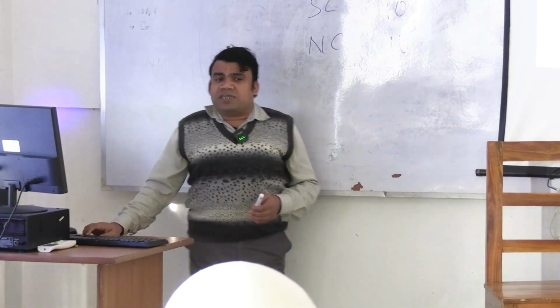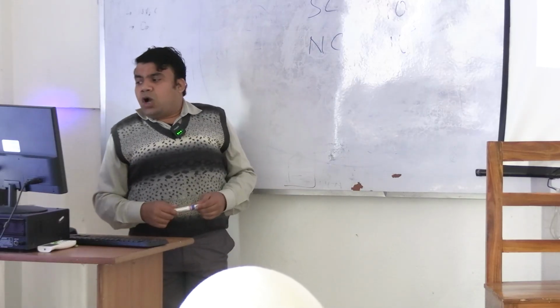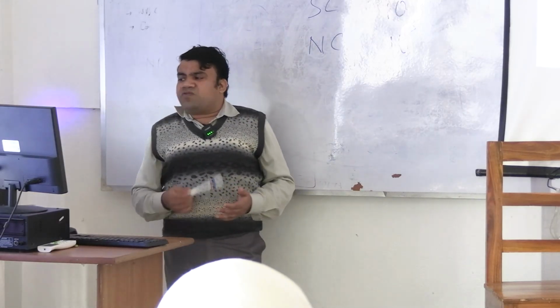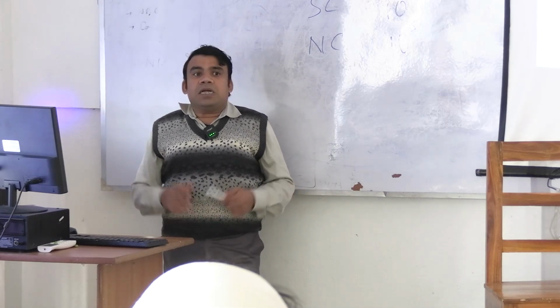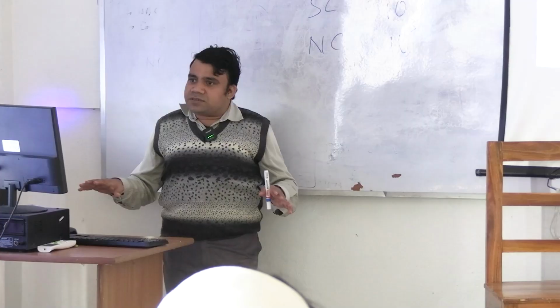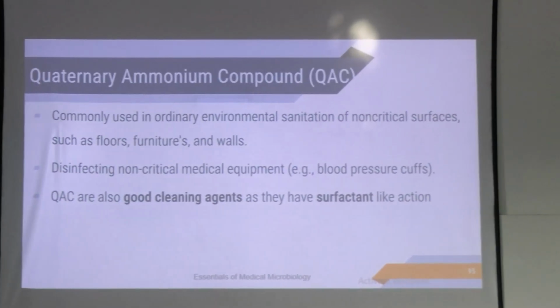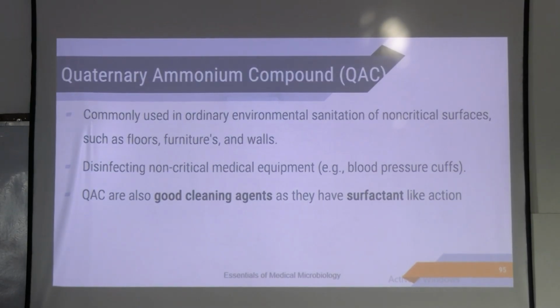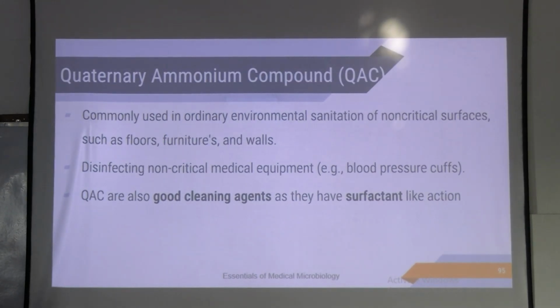So what are these low level disinfectants? First is the quaternary ammonium compound. These are commonly used for disinfecting surfaces, any kind of surface. It could be a table. Suppose you go inside a ward where there is a highly infectious patient. Now the patient got cured and was discharged, or suppose the patient died.